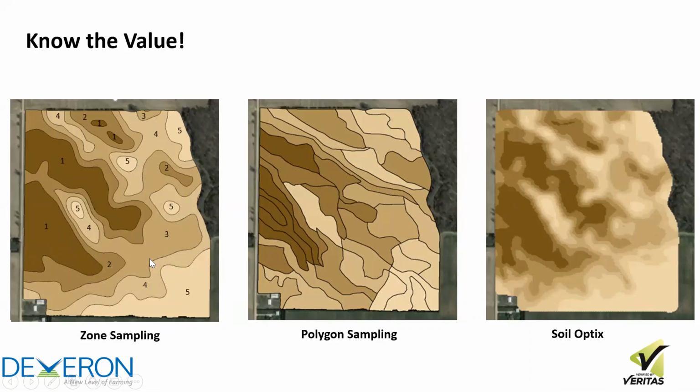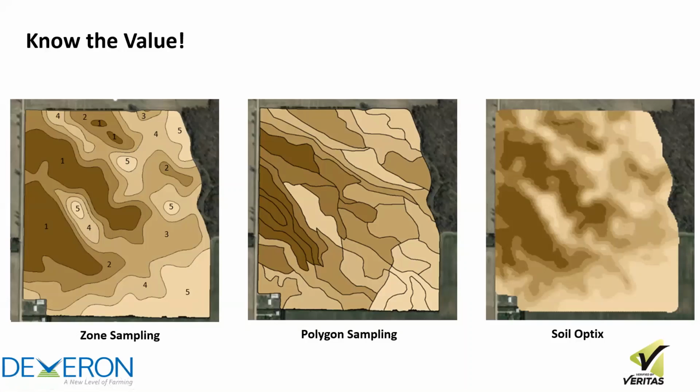So in this case, 5 soil samples would go to the lab. Everything that's that dark brown would go in soil sample bag number 1. Likewise, everything number 2 would go in soil sample bag number 2, all the way through to soil sample number 5. The tops of your knolls would all go in a soil sample bag.